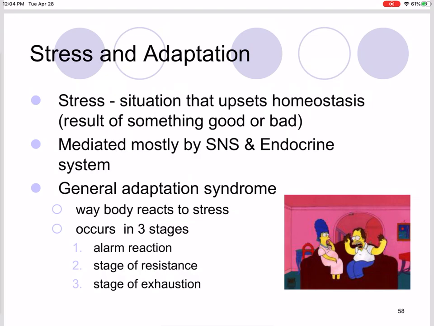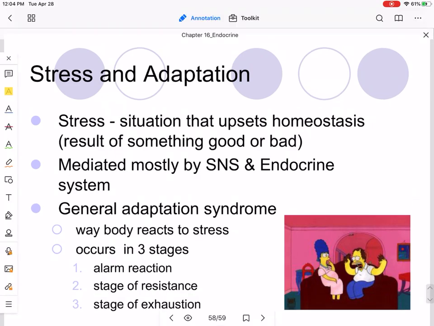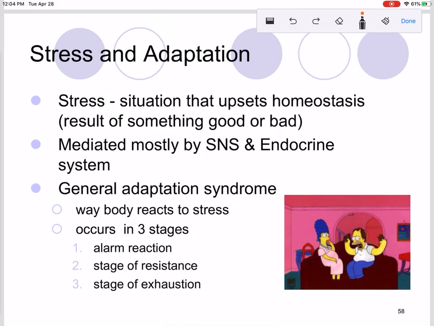All right, the end here, you do not have to know. I think that we've covered enough so that you can understand these without really having to memorize some extra words. What this is talking about is when we encounter stress, and again, that stress could be something that's kind of good, like exercise, or that stress could be something that we view as kind of bad, emotional stress, physical stress, that's bad.